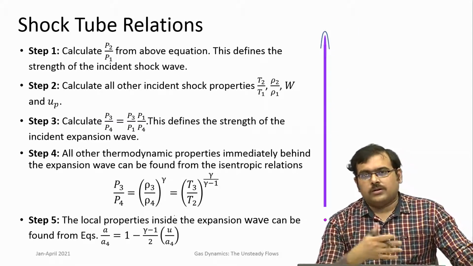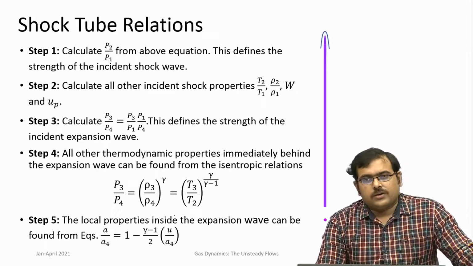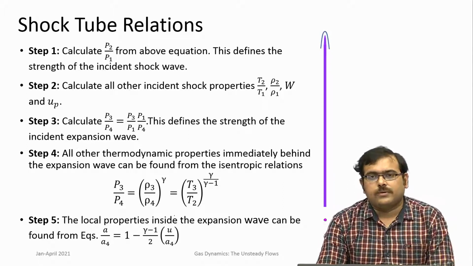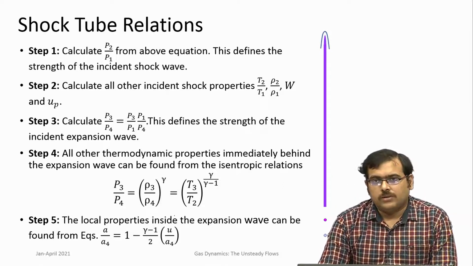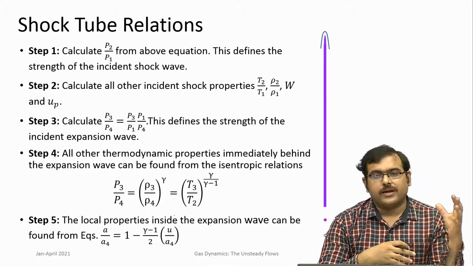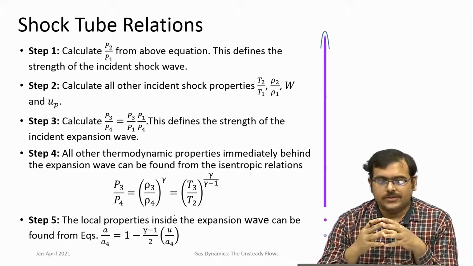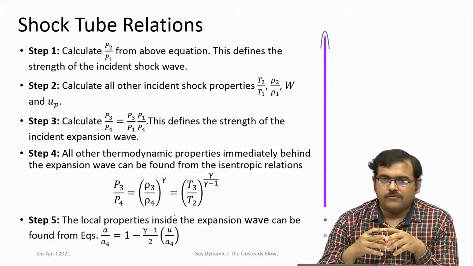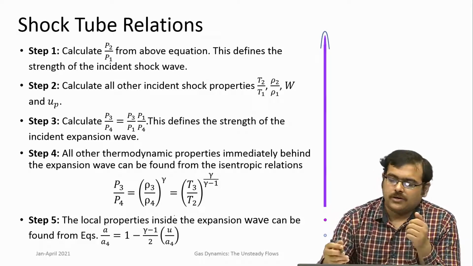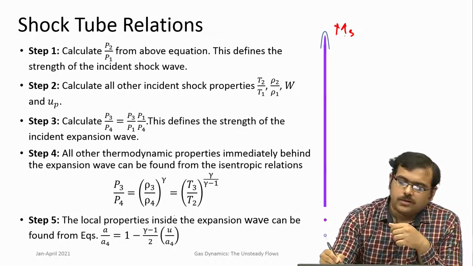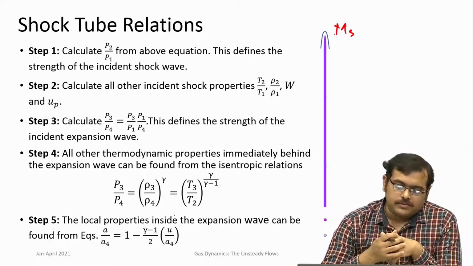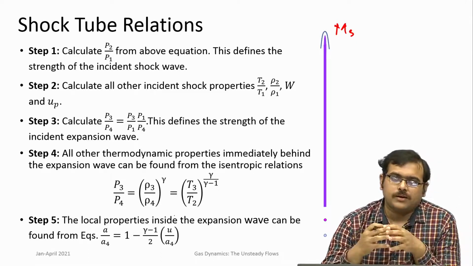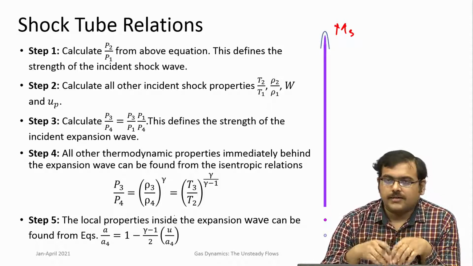So how do we go about this entire shock tube analysis? We have to combine all things together now. If we know Ms, the shock Mach number, we can calculate P2 by P1, and from P2 by P1 you can calculate P4 by P1.